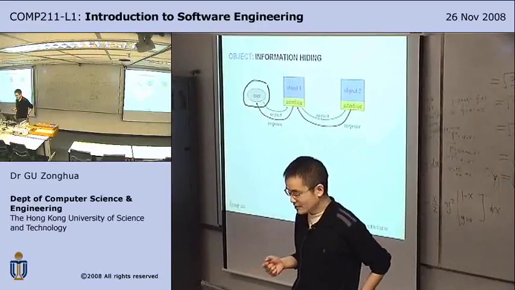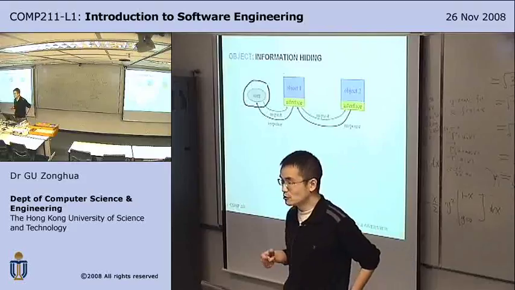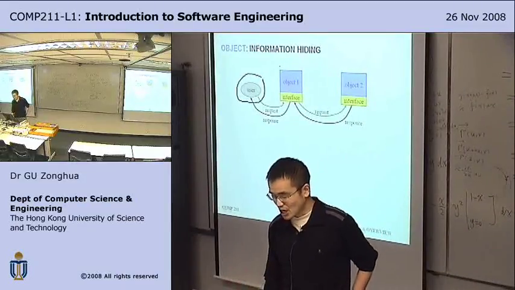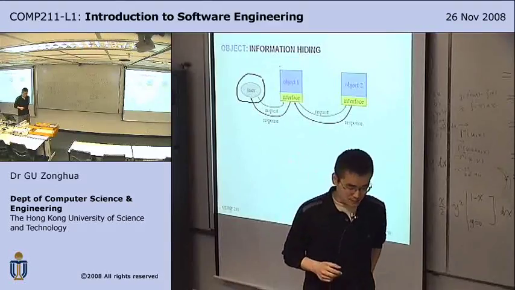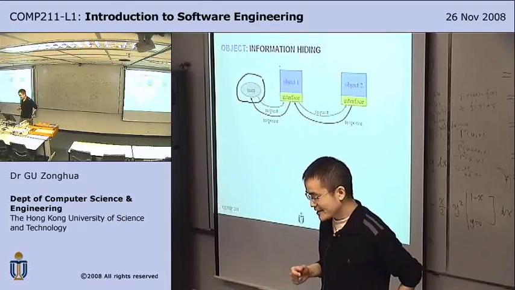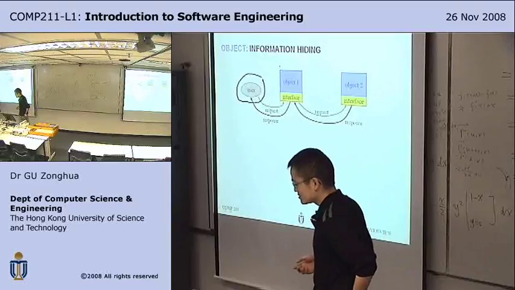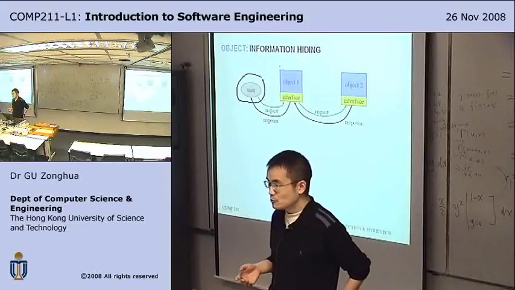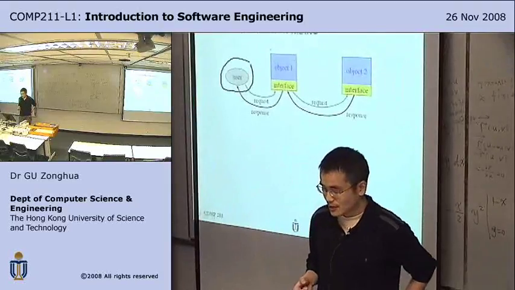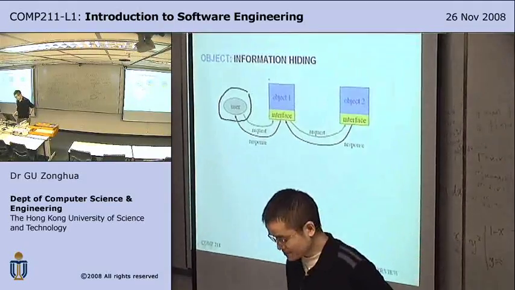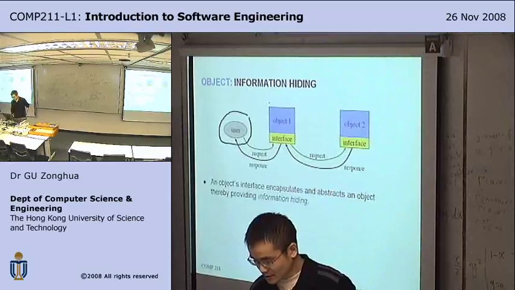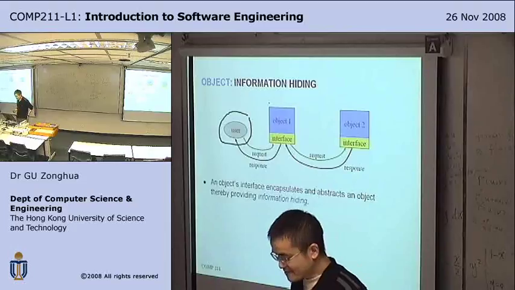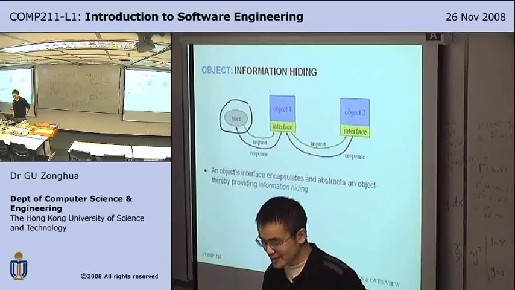Here, objects are really modules in the OO system. So it's really a special case of the module concept we discussed in the introduction. Except modules can be very generic. A module can be an object, can be a subsystem with hundreds of objects. So objects interface encapsulates and abstracts an object with information hiding, same as modules, because it's a special module, essentially.